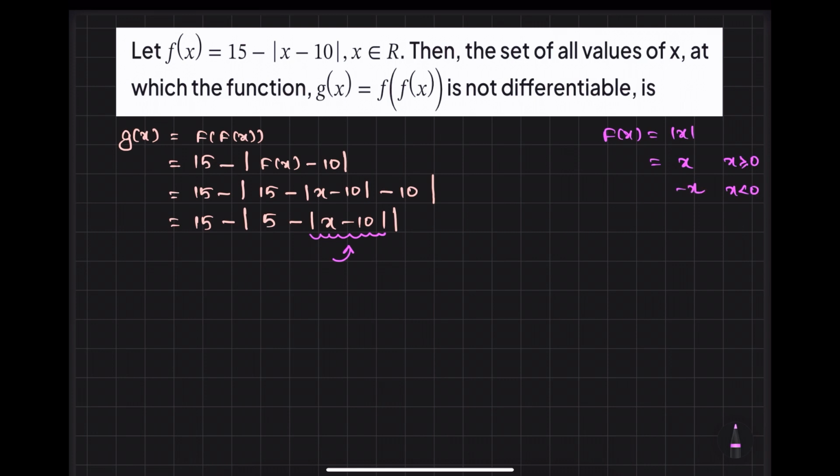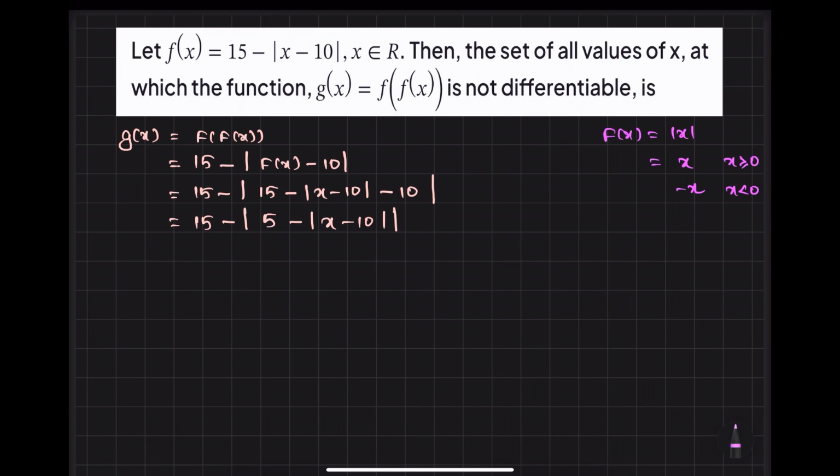First it will multiply with minus, then it will open. Suppose I am asking you to find the critical point. Critical point means at which point it will become 0. So if you take x as 10, it will become 0. But take any number after 10 in place of x, suppose 11. So 11 minus 10 will become a positive number. So after 10, this function is positive. Before 10, it is negative.